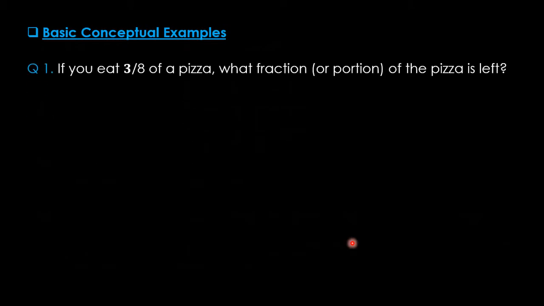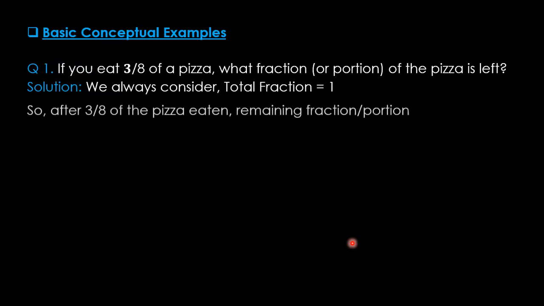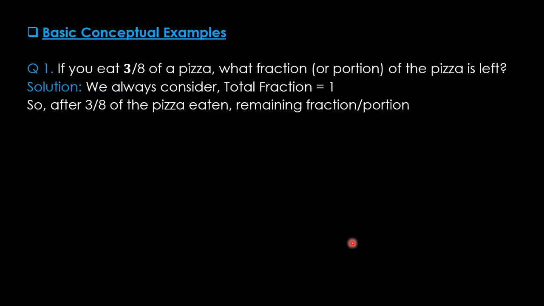Basic conceptual examples. If you eat 3/8 of a pizza, what fraction or portion of the pizza is left? Solution. We always consider the total fraction equal to 1. So after 3/8 of the pizza is eaten, the remaining portion equals 1 minus 3/8.